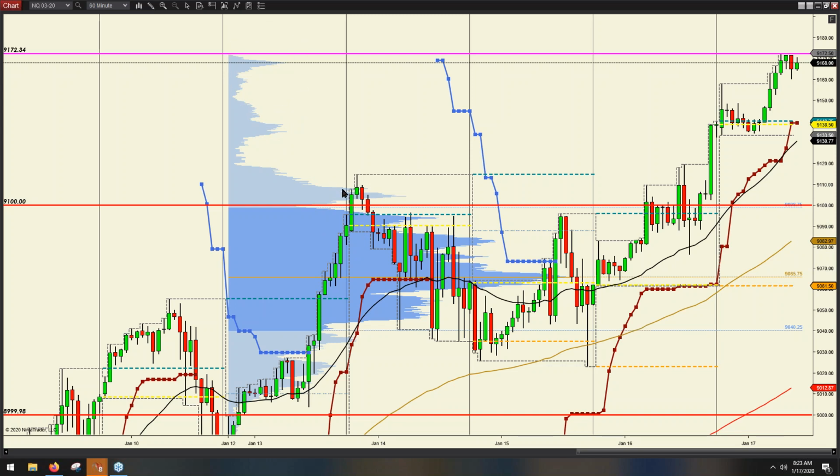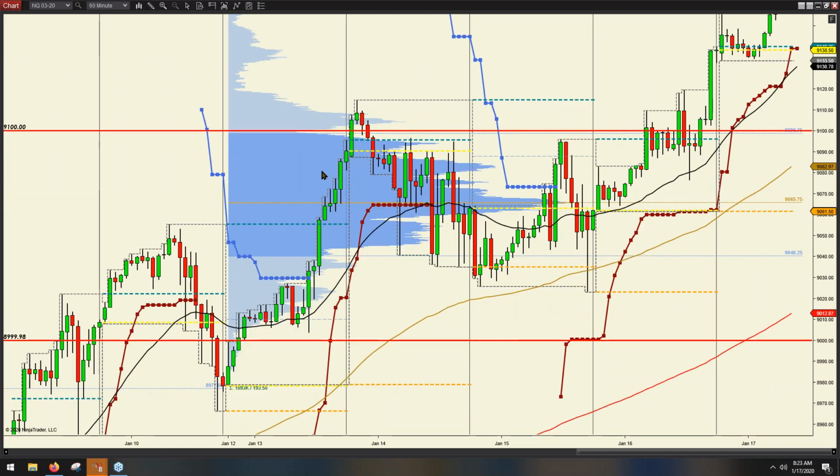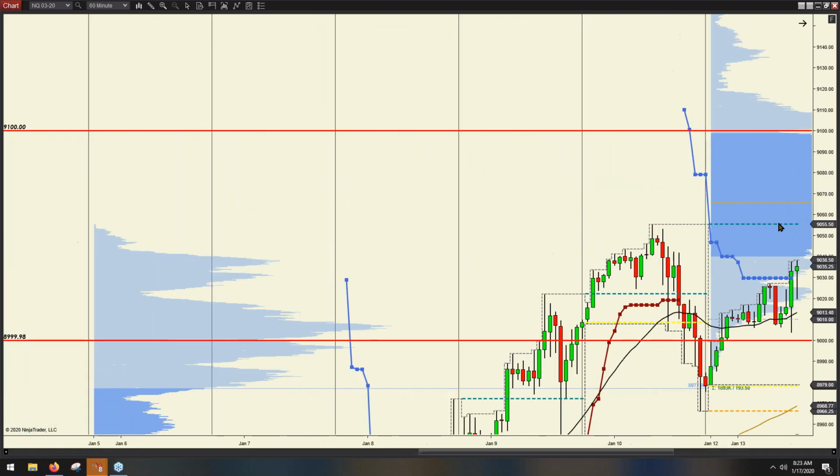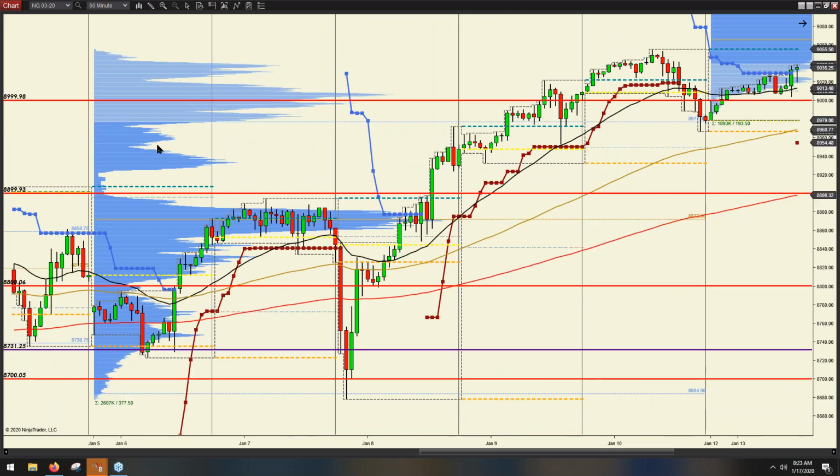You can put this on a 15-minute chart with a week's worth of volume, totally up to you. But that's helpful because at a glance you have a quick view of where the likely trouble spots are from this week. And if you look back here, you can see last week as well. So it's nice to have a quick overview to gauge where price is likely to get stuck.